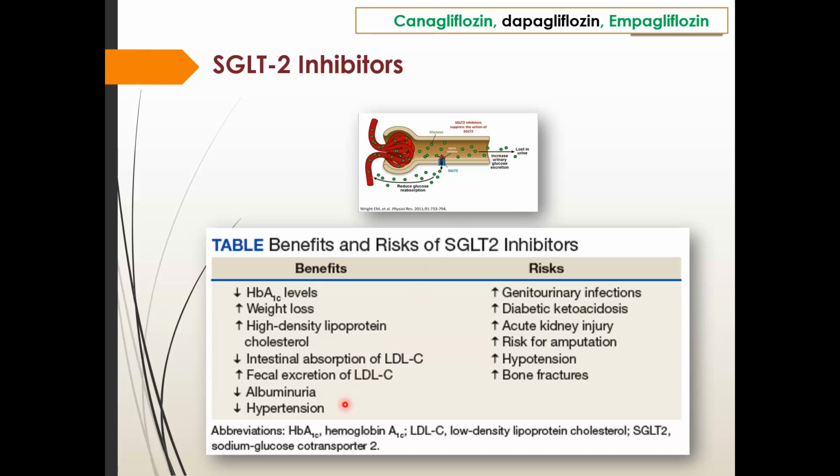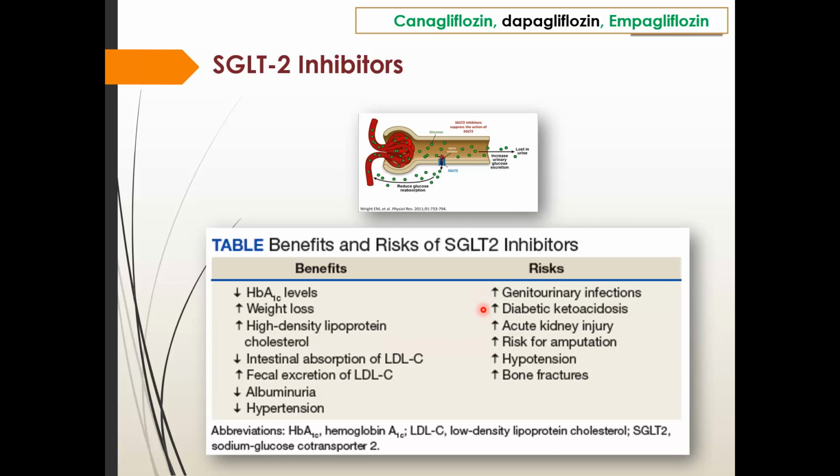So it has a slightly diuretic-like function in this case. But there are some risks involved also. First is increased genitourinary infection. There is slightly increased risk of lower urinary tract infection, mycosis and other kinds of infection because of high glucose concentration in the urine.